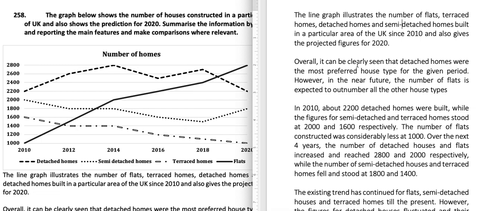Overall, it can be clearly seen that detached homes were the most preferred house types for the given period. So you can see this line is for detached homes. These were the most preferred type during the given period. However, in the near future, the number of flats is expected to outnumber all other house types.